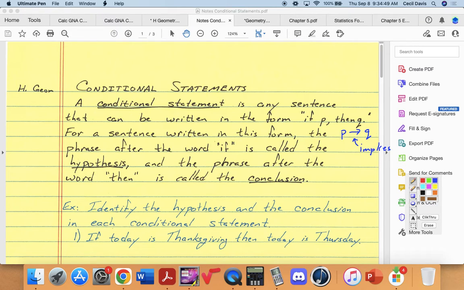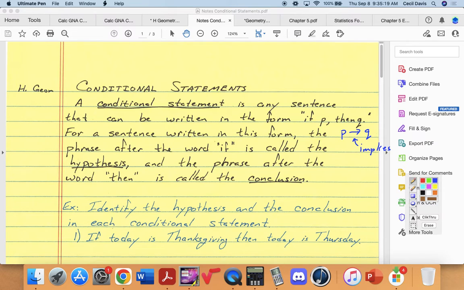All right, so the phrase after the word if is called the hypothesis. Now, this is not quite the same as hypothesis in science. What is hypothesis in science? Yeah, it's an educated guess. The hypothesis here is the conditions that must be fulfilled. If these conditions are fulfilled, then we have the part after the then, which is called the conclusion.